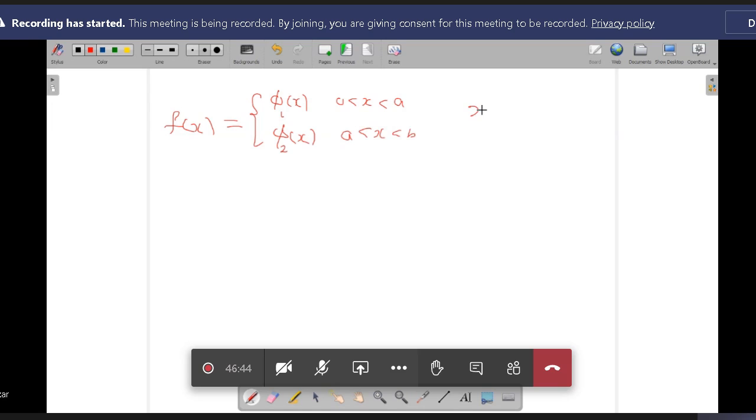So here x belongs to 0 comma b, where a is an intermediate point, just a point. The interval 0 to b is divided into two, one is 0 to a, another one is a to b.